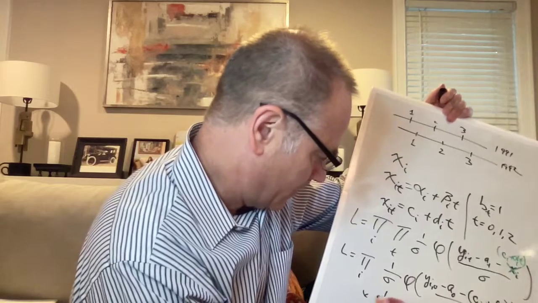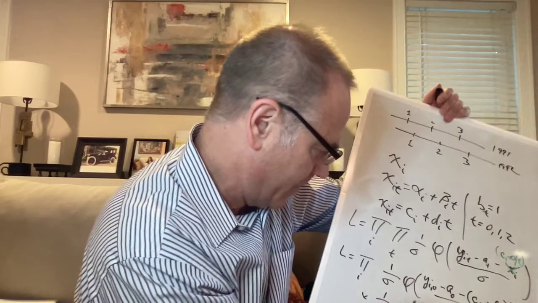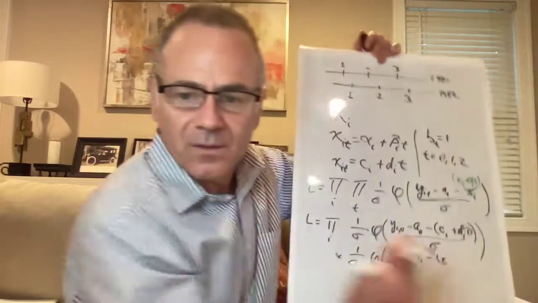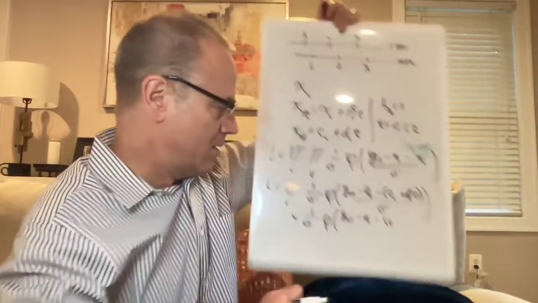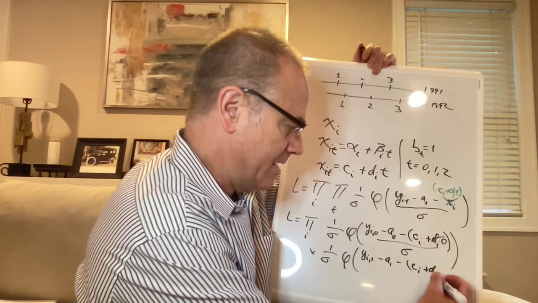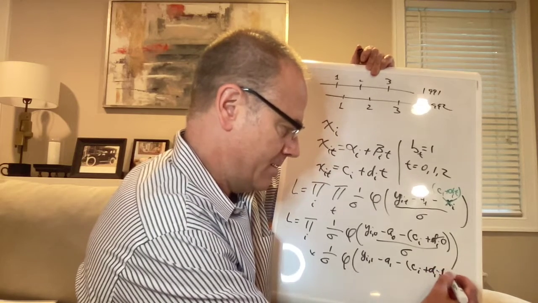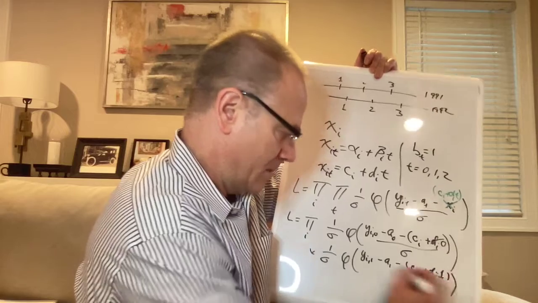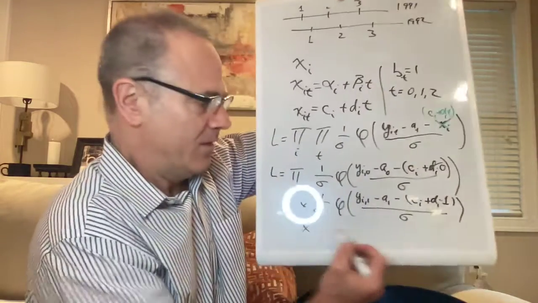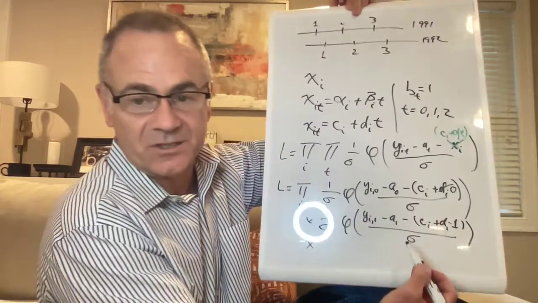Times 1 over sigma phi of (YI1 minus A1 minus CI plus DI times 1) divided by sigma, and then you fill in another term for the last T.